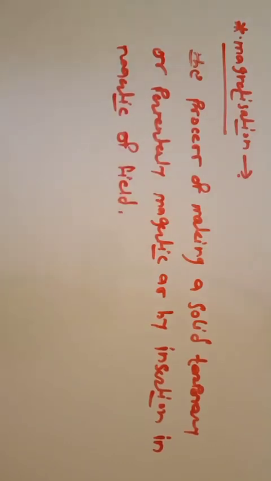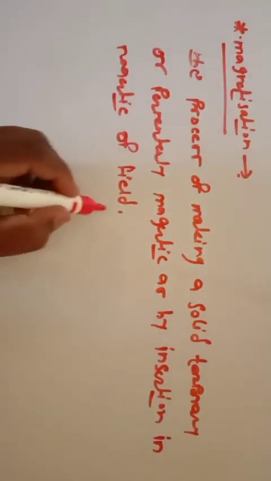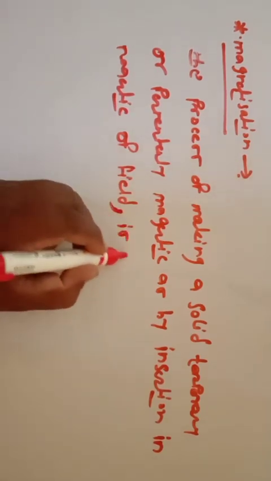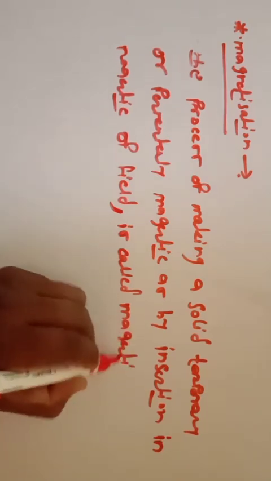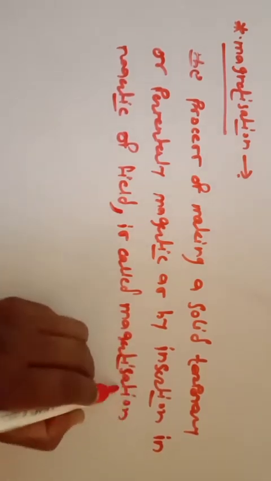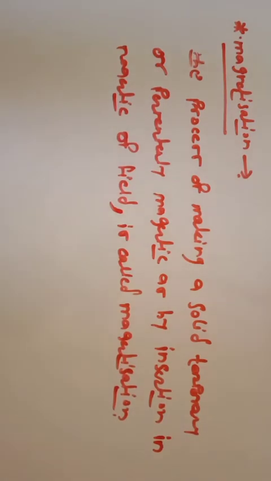This is called magnetization. So the process of making a solid or any substance temporarily or permanently magnetic by the application of external magnetic field is called magnetization.